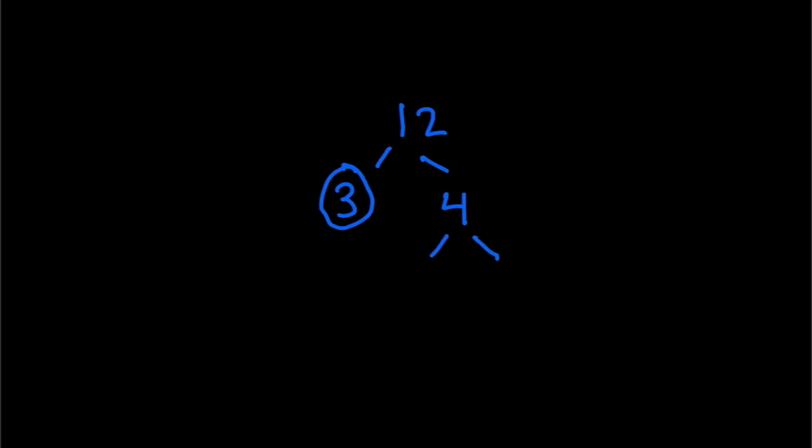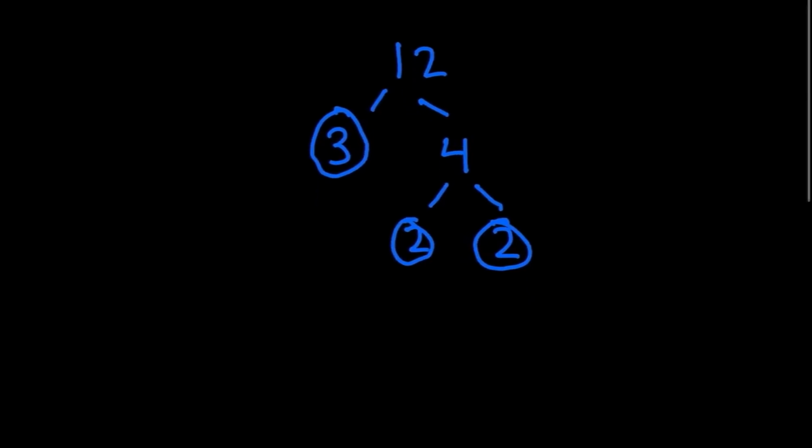And then we can break that 4 into another 2 and 2. And then with that, we're going to look at both of those numbers. We get a 2 and a 2. So both 2's are prime, so we're going to circle both of them. And since we can't break down any of the numbers further, we now have our final answer: 12 equals 3 times 2 times 2.